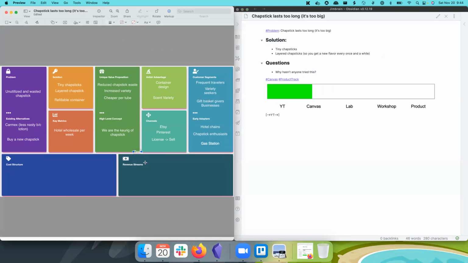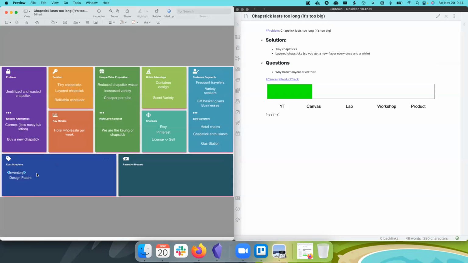Cost structure. So our cost is going to be inventory, right? Packaging. Well, the cost is going to be getting a design patent, that too. Because to me, that seems like the quickest and best path to profitability.